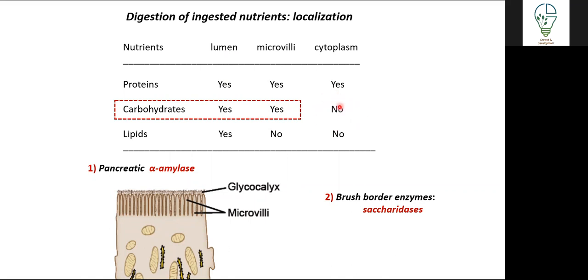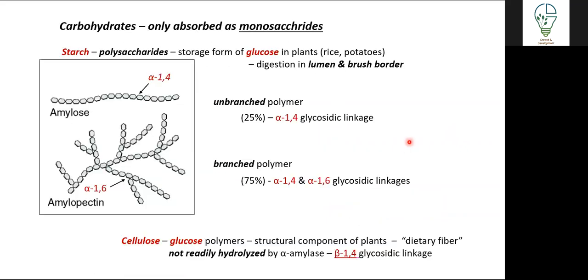Okay, the cytoplasm does not have any enzymes that will break down the carbohydrates. The main thing we're looking at for luminal digestion is the pancreatic alpha amylase. And for microvillus digestion, it's the saccharidases, the brush border enzymes. And we'll talk about them further right now.